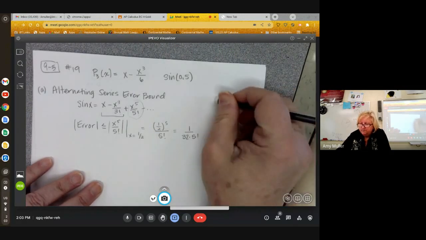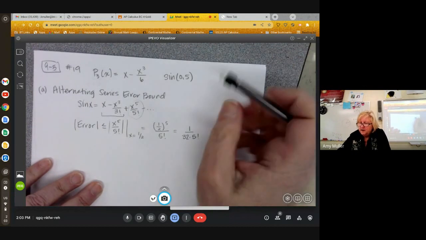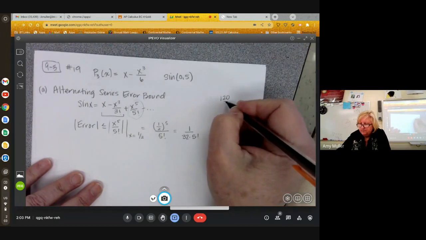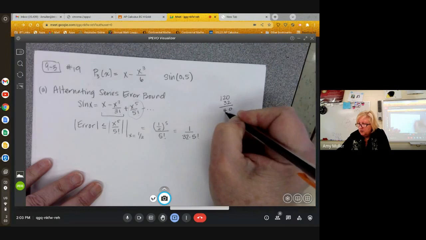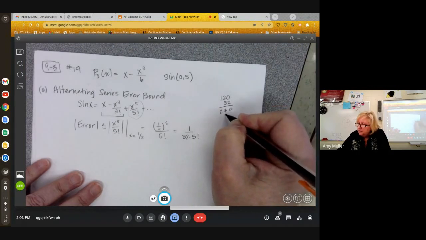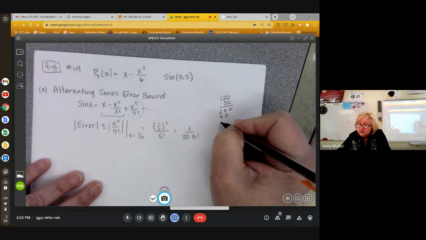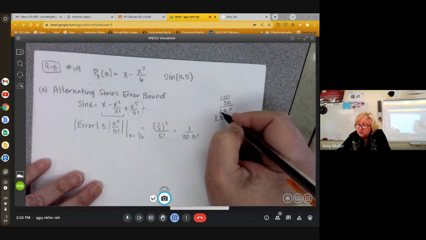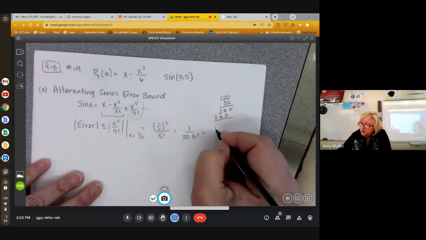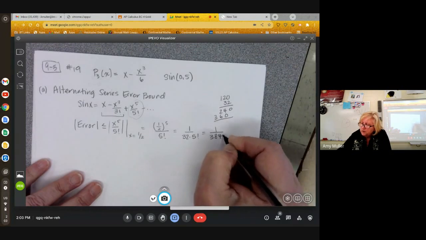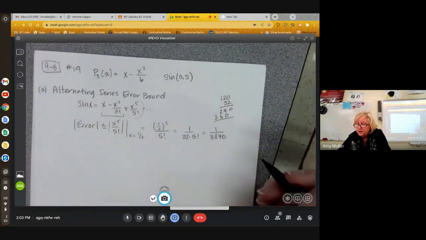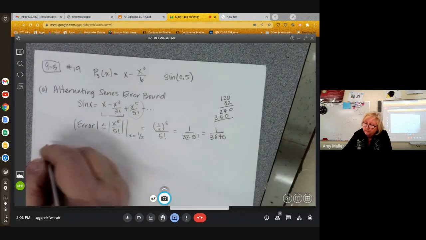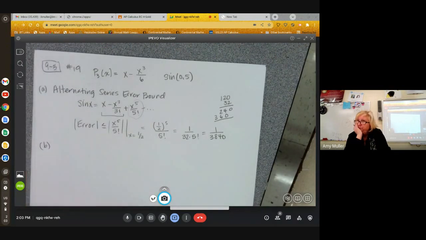So 120 times 32 is 3840. So this is equal to 1 over 3840. And I don't know what that decimal is. So alternating series is just the first term.